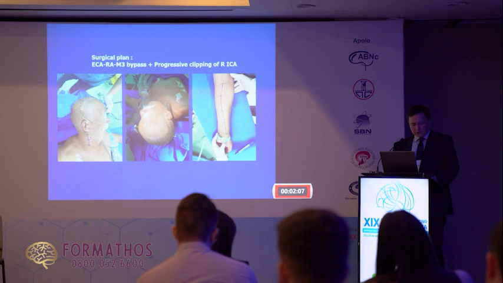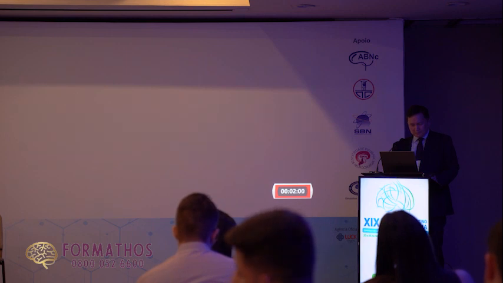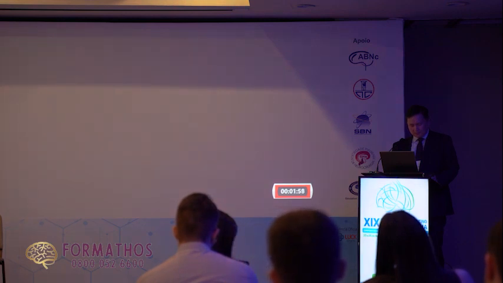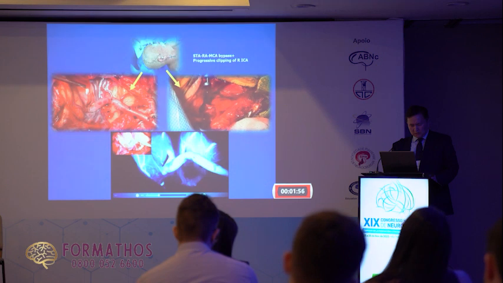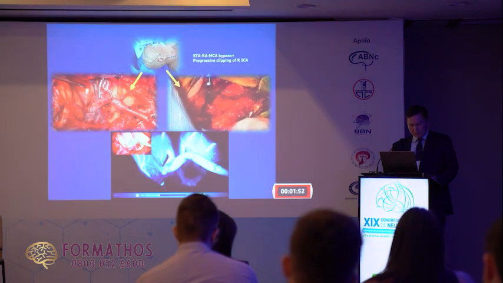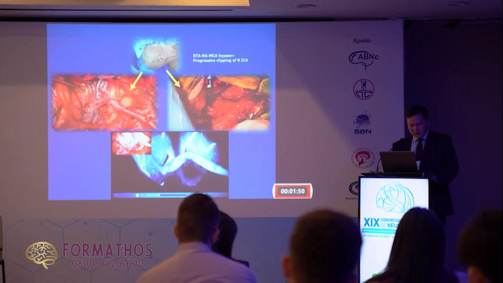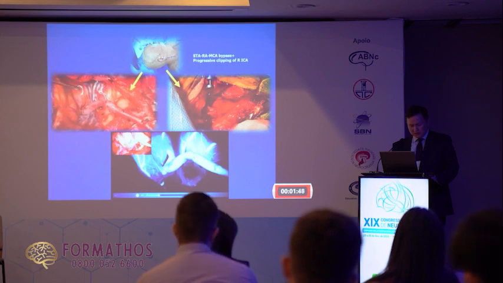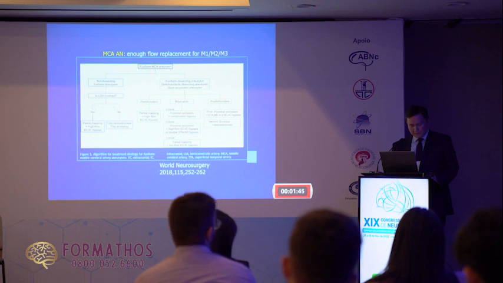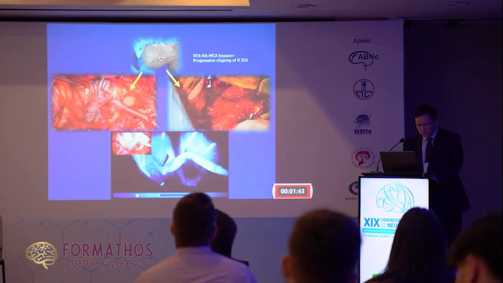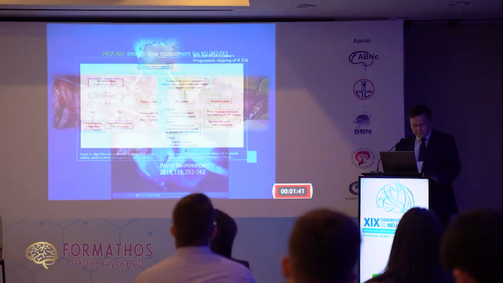So we use original incision, and we use a radial artery as a graft. So this is intraoperative video. You can see the patency of the radial artery bypass, and use progressive clip. So the patient was totally cured.